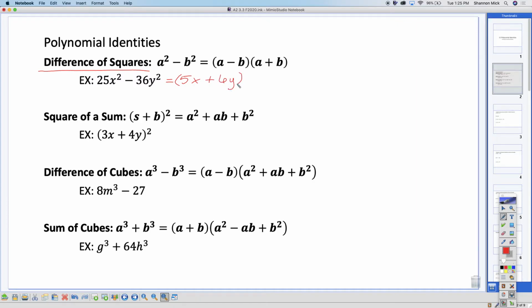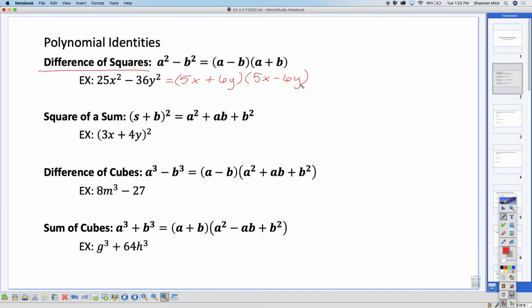So once we have the first quantity, the next one just needs to be its conjugate, right? So 5x minus 6y, and I'm done. So if I gave you what was on the right, should you be able to go to the left? Yes. You're going to use these identities both directions, left to right, right to left. Now the next one we have is the square of sums.